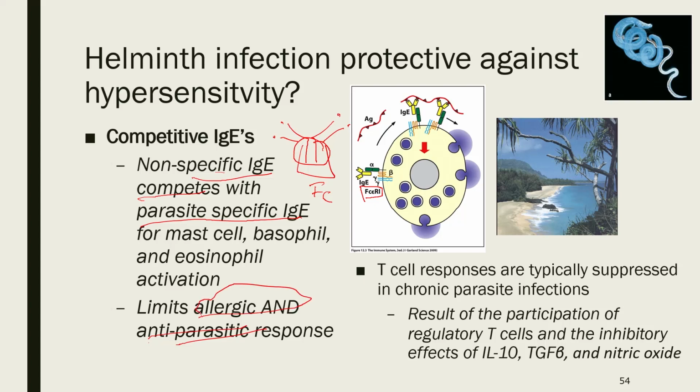That's why people with parasite infections and high levels of parasite-specific IgE rarely develop allergic diseases. Other T-cell responses are also typically suppressed in people with chronic parasitic infections. So that's a very interesting thing, I believe.